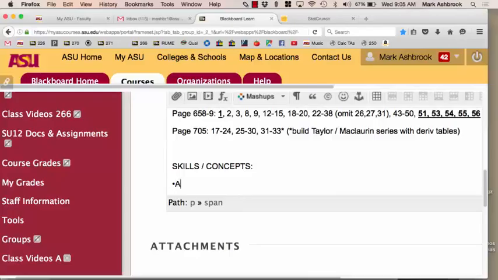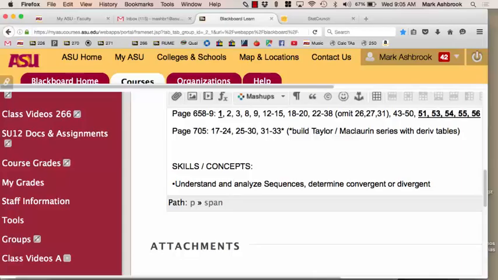Okay, so you need to analyze sequences. So we'll say understand. You don't have to write this down because I'm putting this on Blackboard as we speak, okay? So understand and analyze sequences.